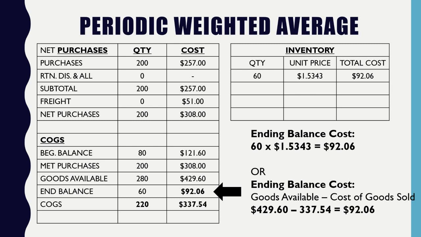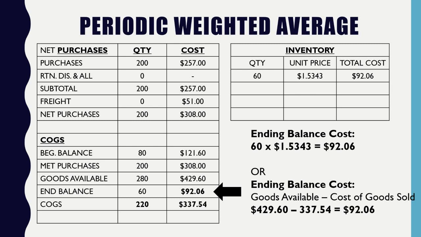Rounding only works in weighted periodic average. Say that again? We only round when we're doing periodic weighted average, right? No. This applies to FIFO and LIFO as well. I just used numbers that were already rounded off, that had an even division, or like were easy to divide.